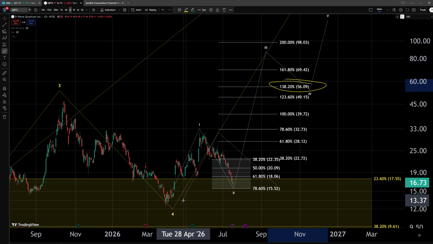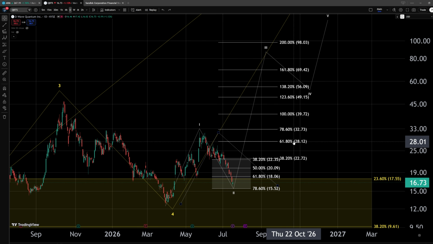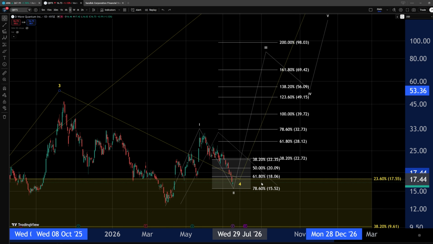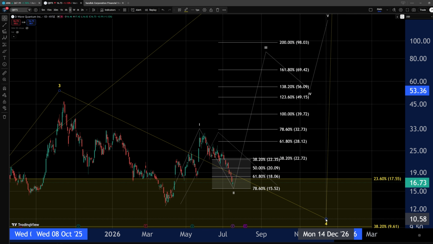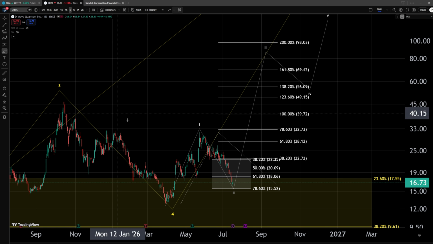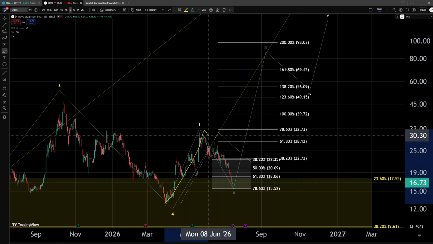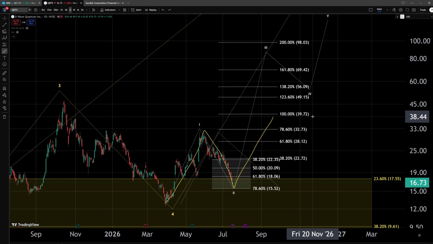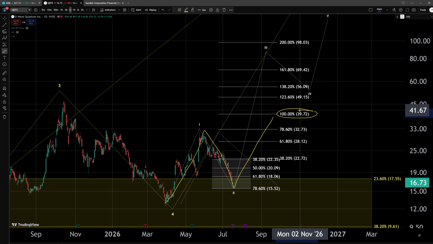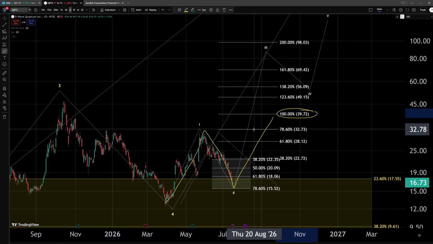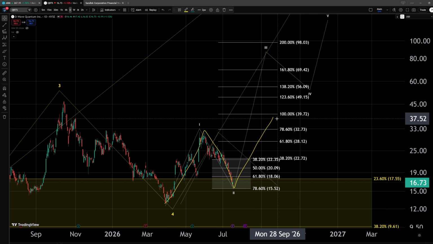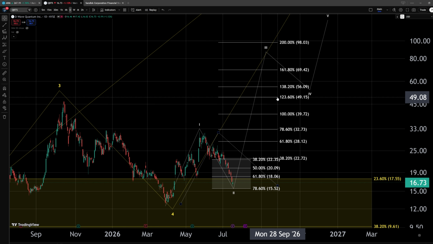But even for a wave C, even in the bearish scenario, where we would get a reset within the wave 4, I would prefer one additional high. I would prefer for this to become, at the very least, an A, B, C pattern, for which the ideal target is the 100% extension of the wave A, $39.70. Quite compelling, isn't it?